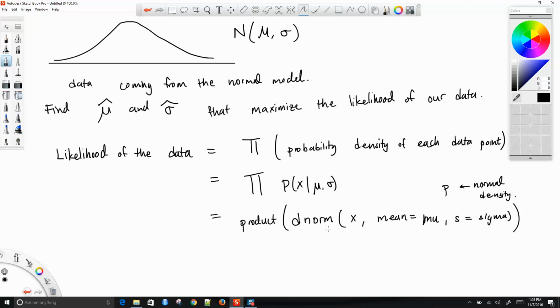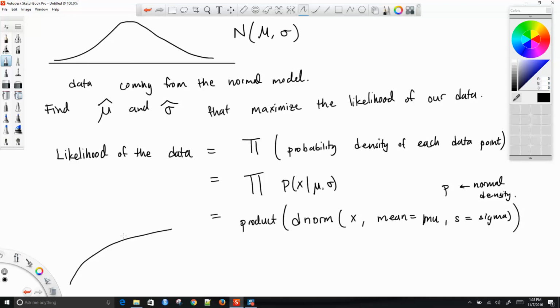So what we want to do is take the log of this instead. That's going to take a very small number and turn it into just a very negative number. And then we can add that up, right? Because the log function is what we call monotonic, meaning it's always increasing. There's always a positive slope to it. That means the value that maximizes the log will be the same value that maximizes the product.